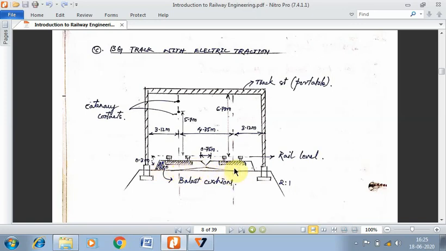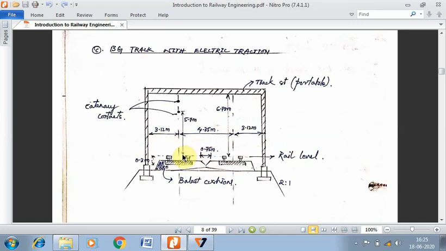And this would be the rail level, and the distance of the center of one railway track from the edge of this steel structure would be 3.12 meters on either side. So the center to center spacing between these two railway tracks is expected to be 4.35 meters. Right.